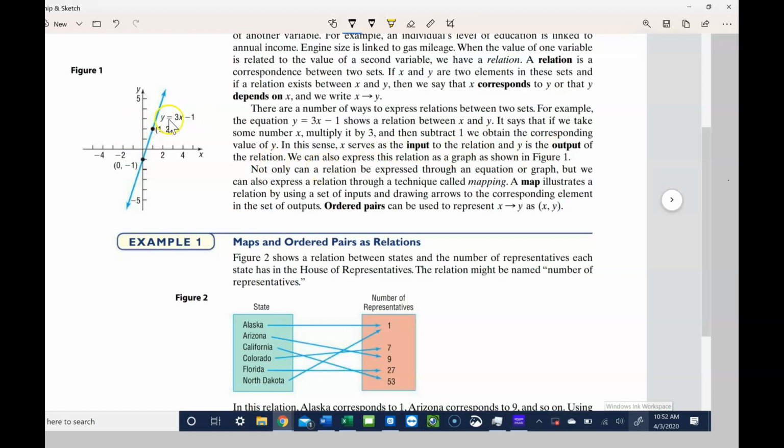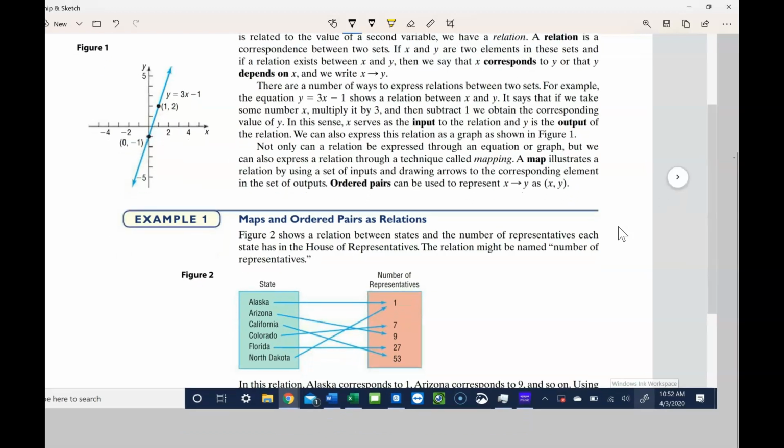You can express a relation as an equation like that. You can express a relation as a graph. You can express a relation as a mapping, which is like in example 1. You can express a relation as a table. You can express a relation as ordered pairs. There are lots of different ways to express kind of the same thing.